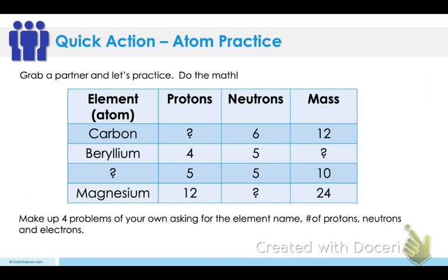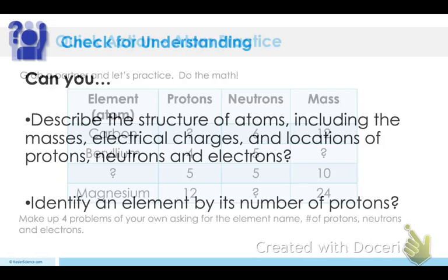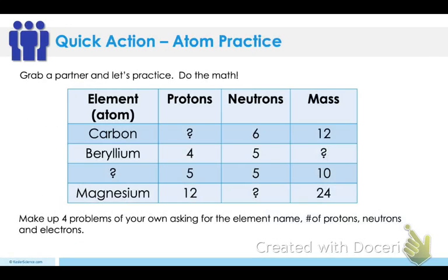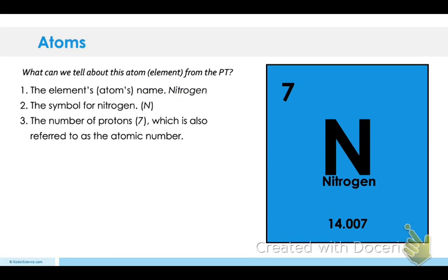Let's go back a little bit. So, we have our symbol. Check. We have the element's name. Check. We have the number of protons because we know the atomic number.